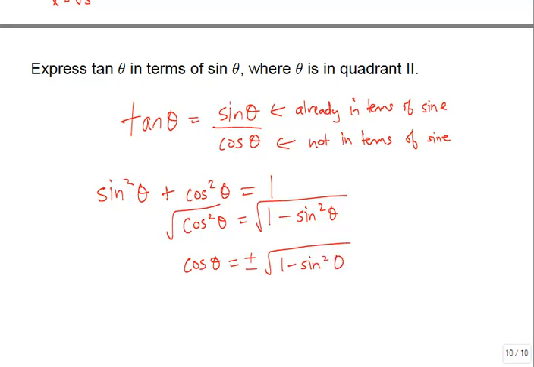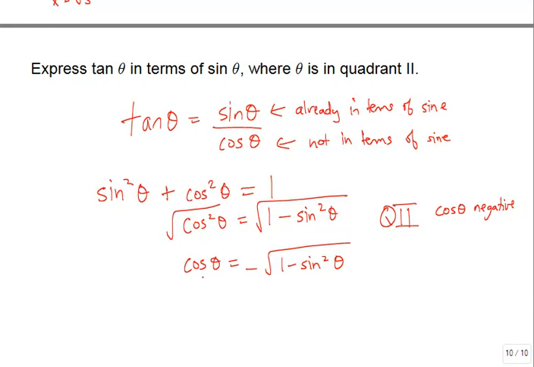But what quadrant are we in? That's going to determine which of these two signs we use. In quadrant 2, which is where our theta is, cosine of theta should be negative. In quadrant 2, cosines are negatives. So I don't want to use the plus case, I want to use the minus.